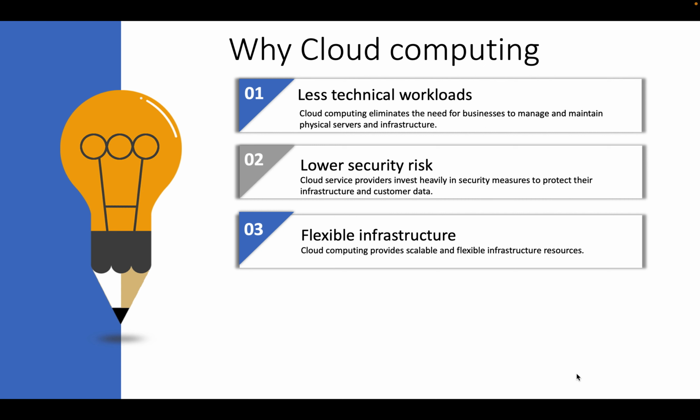This will be handled by the cloud provider, in this example Azure. They handle the flexible infrastructure so that the manager can downscale or upscale the server whenever needed. That's the reason why the consultant told the manager he should go to cloud computing.